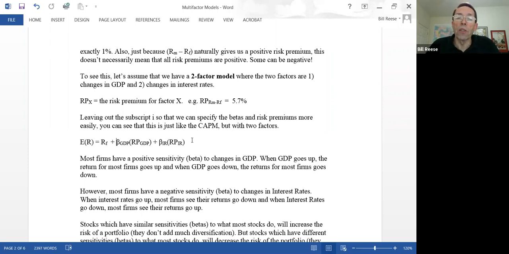So a typical stock would have a negative sensitivity, and it's not too unusual to see the beta for interest rates being a negative number. In fact, if it's a positive number, that means if interest rates go up, typically the stock goes up, and if interest rates go down, typically the stock goes down. So what we see as typical in the CAPM is not necessarily always going to be typical in a multi-factor setting.